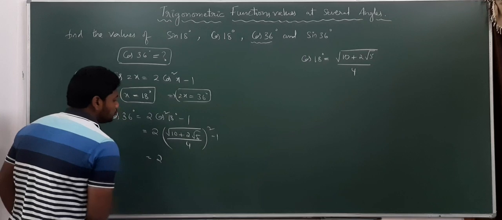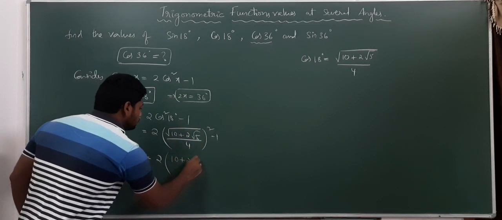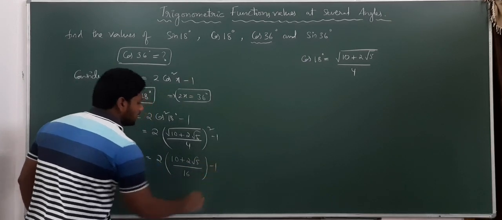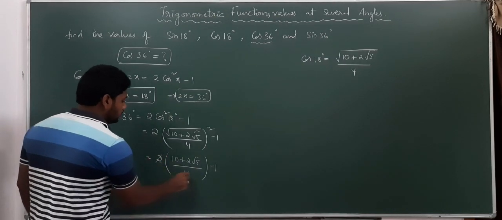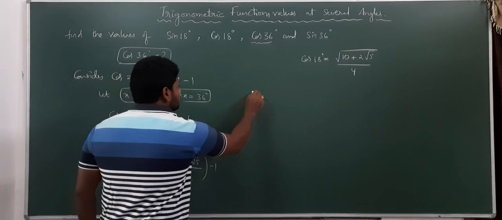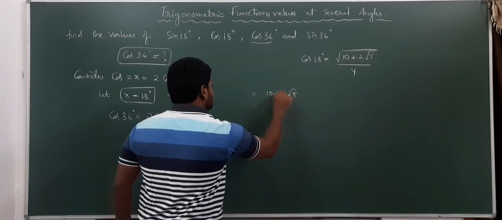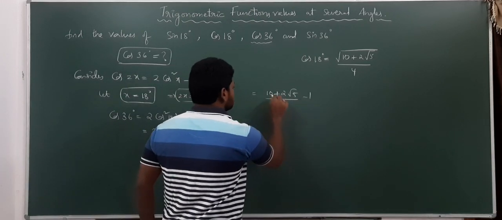Simplify this. It will become 2 into, the square and root get cancelled, it will be 10 plus 2 root 5 by 4 square, which is 16, minus 1. So here you can simplify 2 into, this is 16, so which will be equal to 10 plus 2 root 5 divided by 8, minus 1.